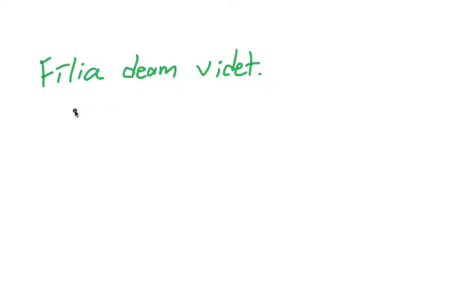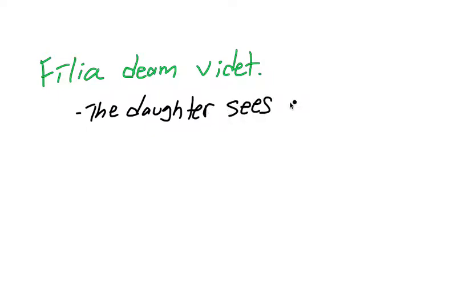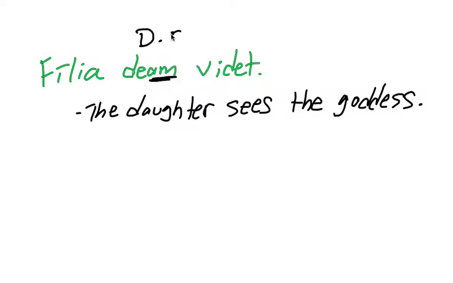And this sentence would translate as the daughter sees the goddess. This time deam is accusative, so deam is the direct object, and filia is nominative, so filia is the subject.